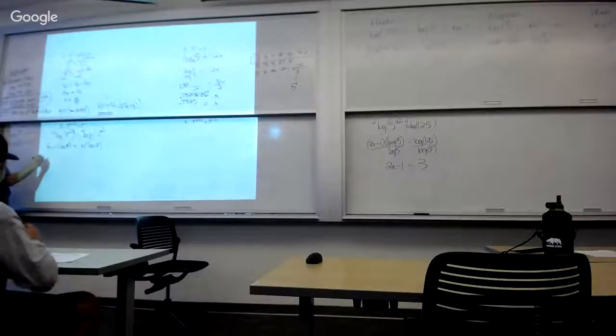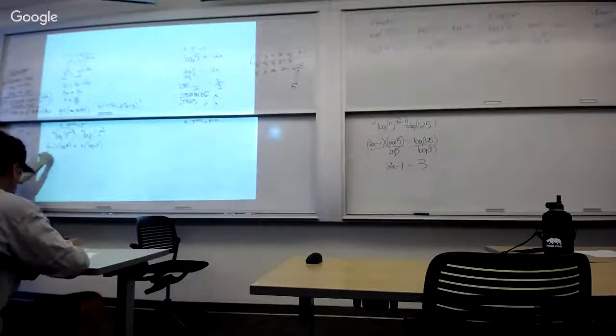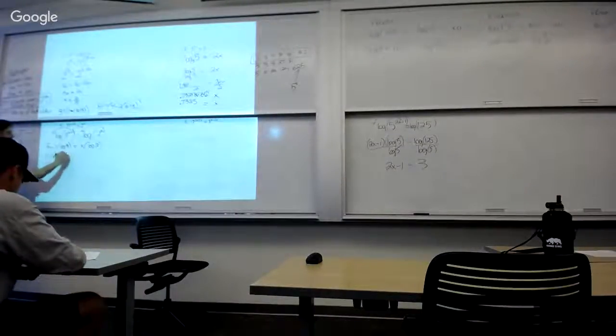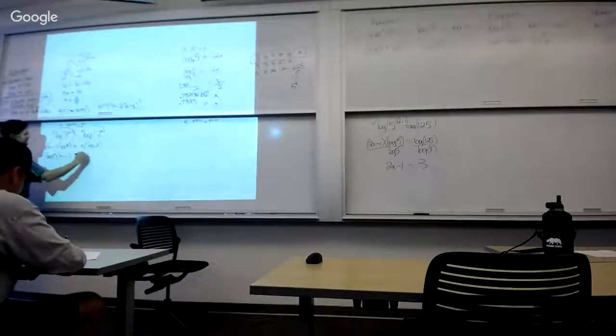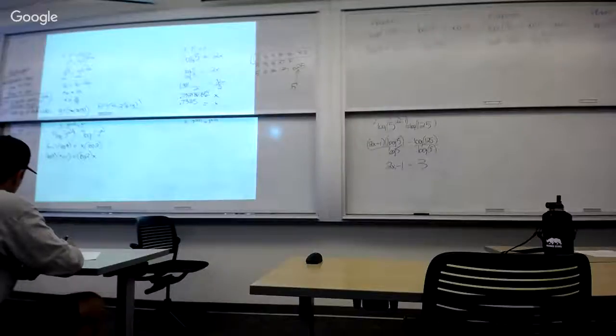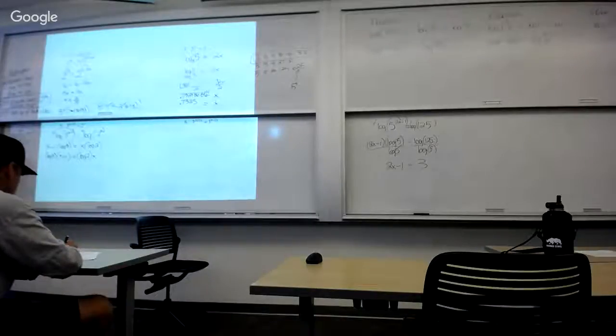So let's rewrite it now as log 3, which is just a number, times (x minus 1), equals log 2, which is just a number, times x. Now keep in mind what you would do if this said 3 times (x minus 1) equals 2x. Would you feel weird at all about solving this?